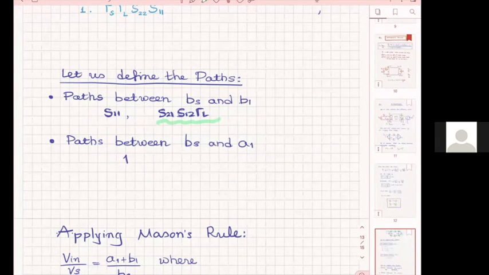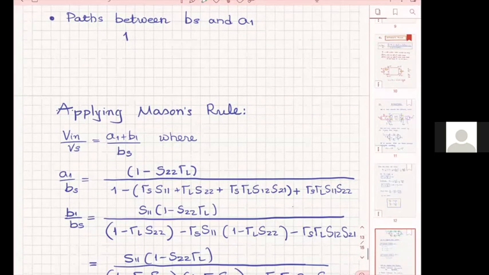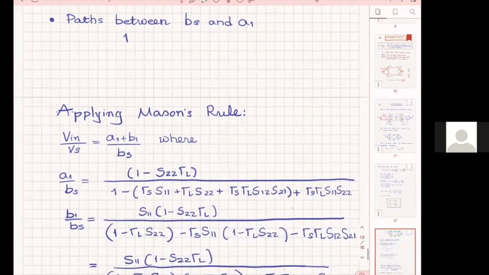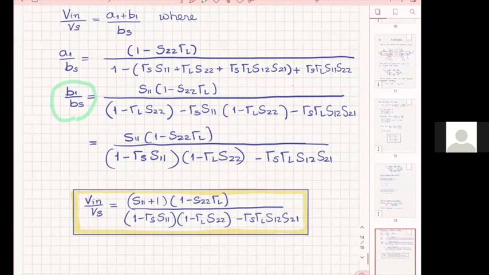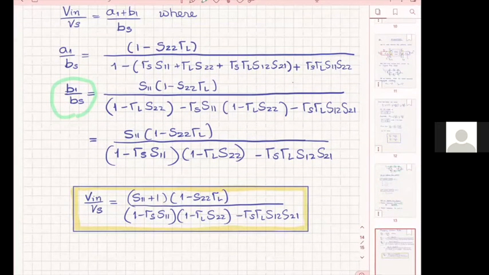Let me stay with this ratio for the time being. If I wanted to find this ratio, which is between BS and B1, then practically by using the formula, I'm getting exactly that.